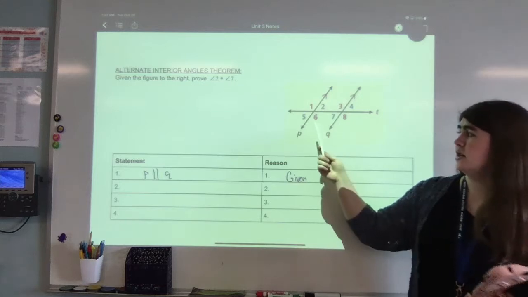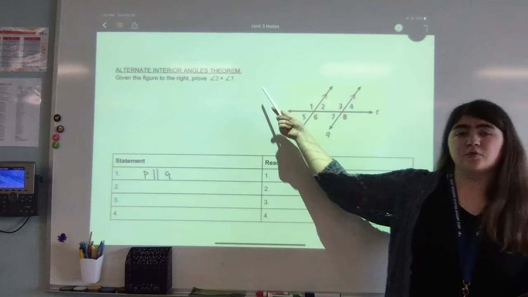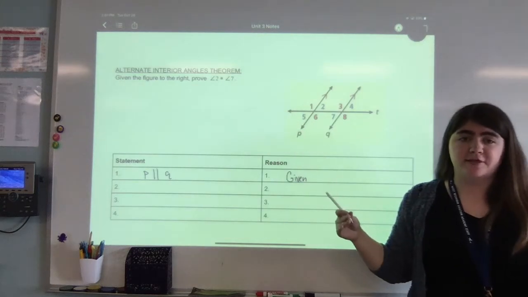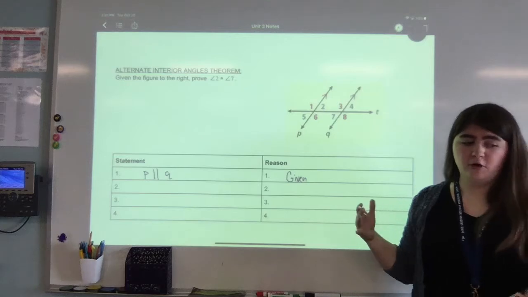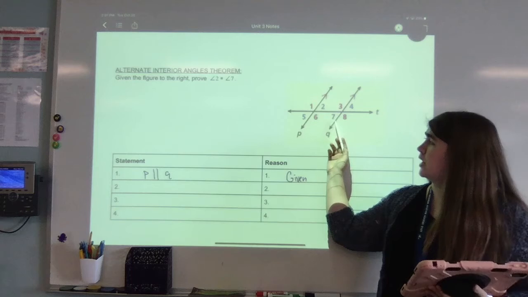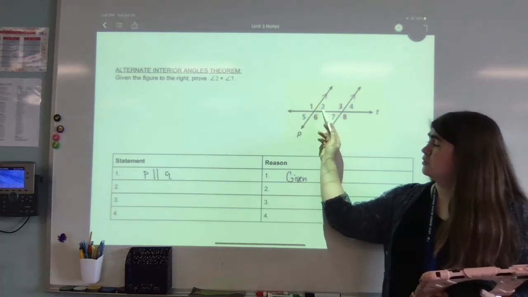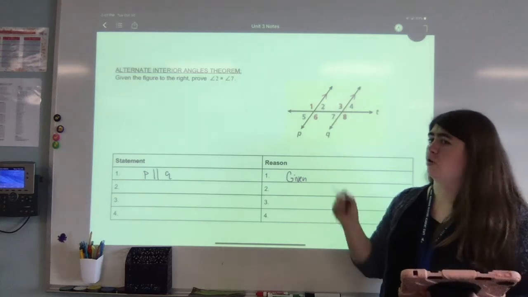Now that I know that P is parallel to Q, I again can't use this theorem because I'm trying to prove that theorem. I can, however, use some of my other theorems. I'm trying to get 2 and 7, but what I do know is that angle 2 is congruent to angle 4 because angle 2 and angle 4 are corresponding.